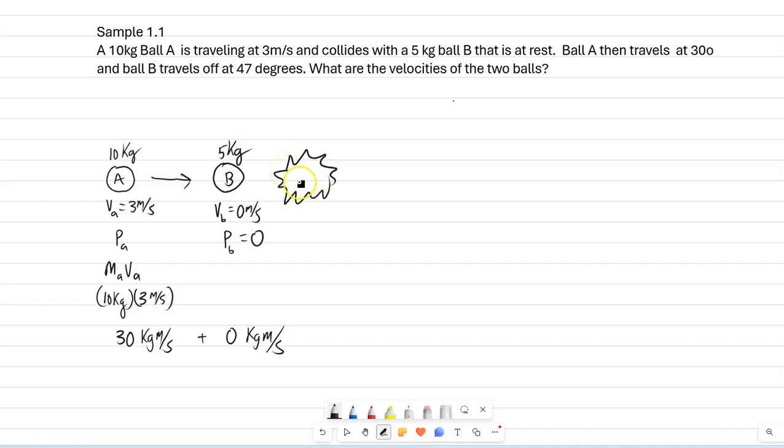However, according to the question, after the collision, let me put that here. We are going to have, I'll send ball A up. I didn't really specify, but I'll put it here as such.